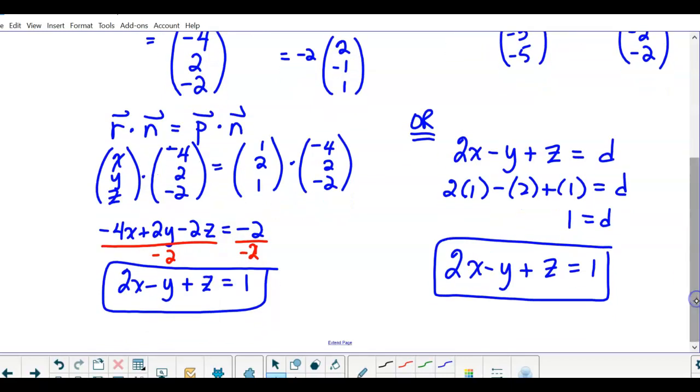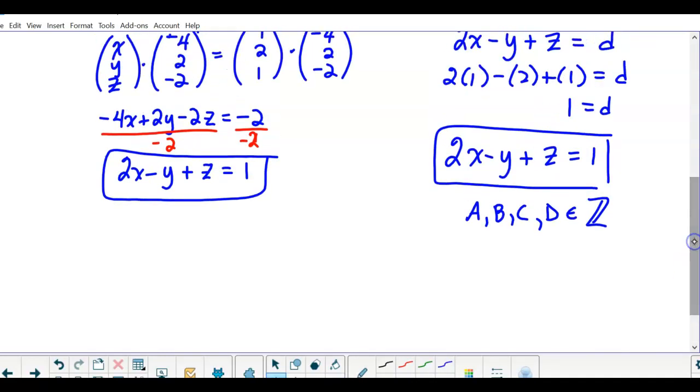But just make sure that your coefficients here, usually we call them A, B, C, and the constant should be a set of integers. And then A is greater than 0.